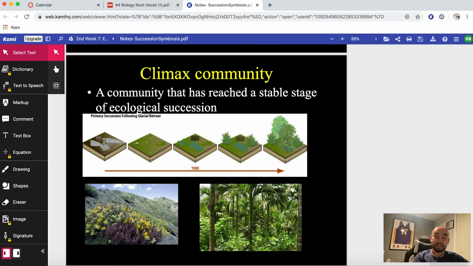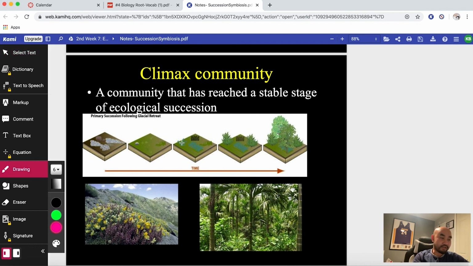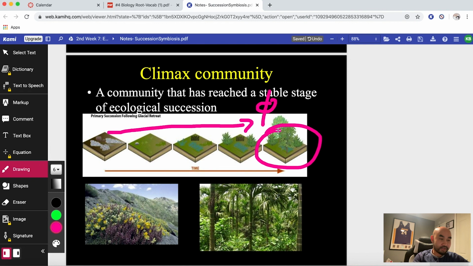A climax community is the same. That means in that area, you can see here, there's no more space. It maybe has a lot of space here, and when it hits here, no more space.